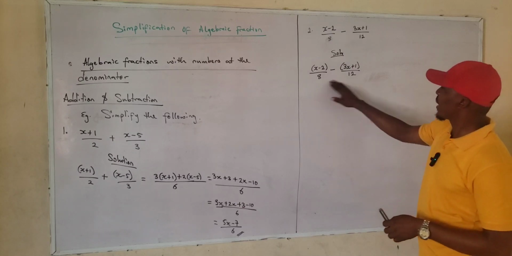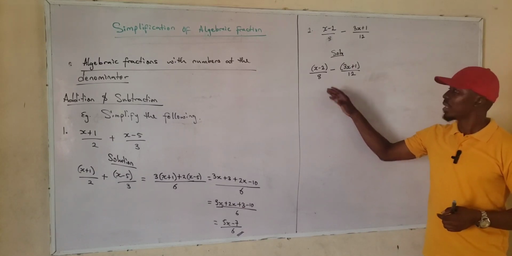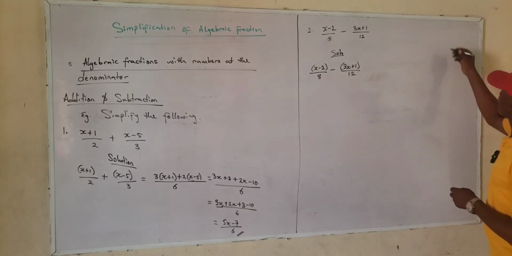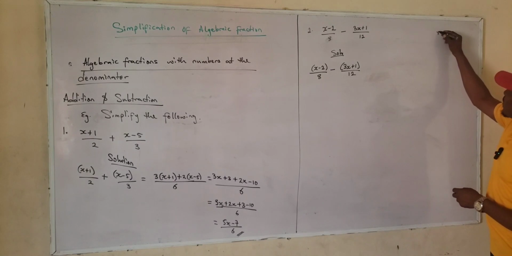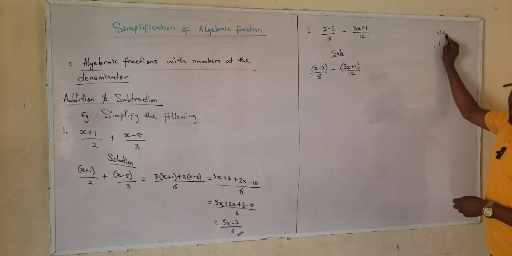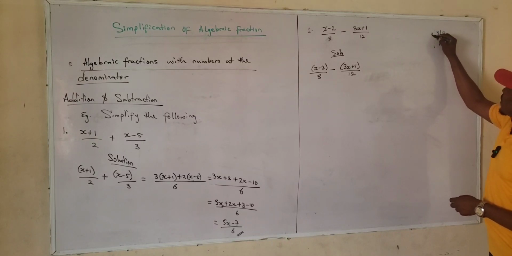Okay, so you take LCM, you can still go and check out how we solve LCM of numbers. Let me just do a little of that here. 8, 12. I first of all divide by what is common. 4 is common, so 4 here will give me 2, will give me 3.